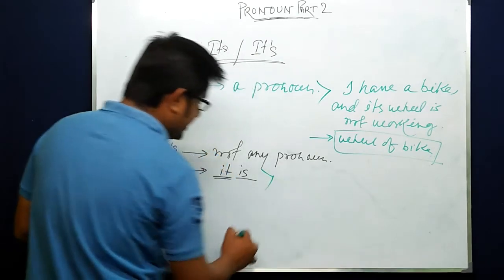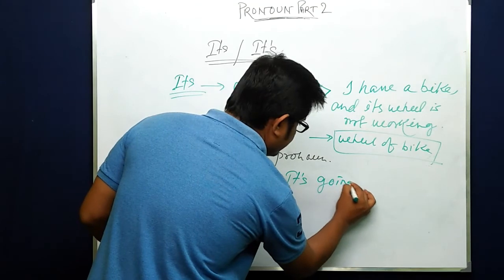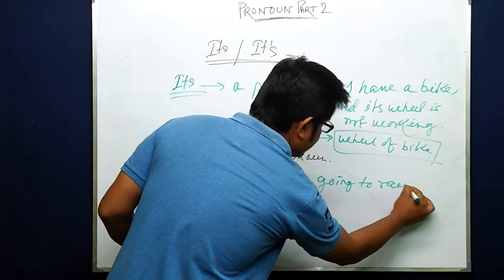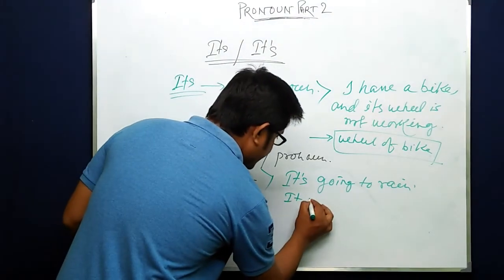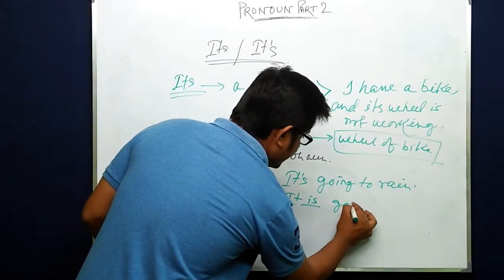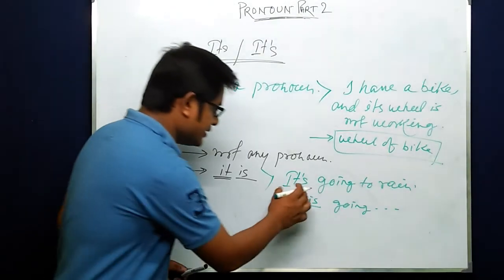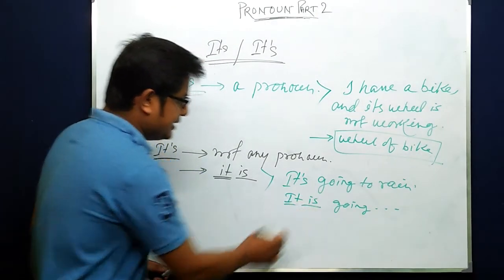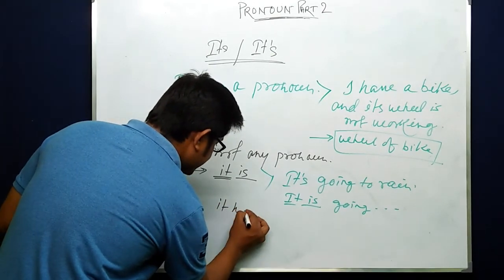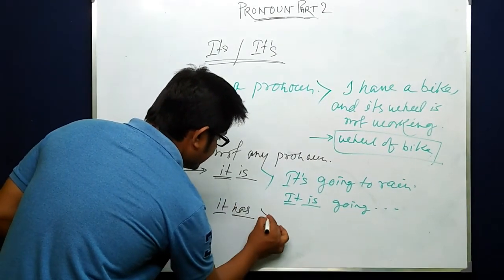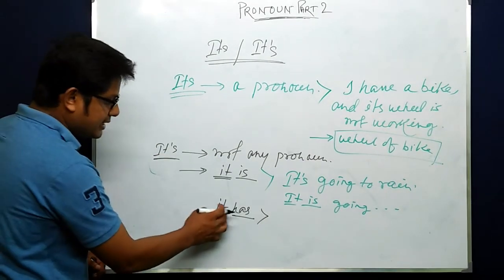So if you write in a sentence, suppose, it's going to rain, it means it is going to rain. It is a different form. Now there is another meaning, which is it has. So it apostrophe s means it is, or sometimes it has.